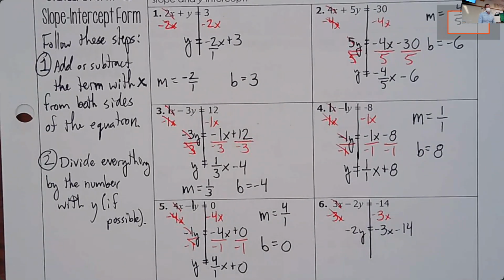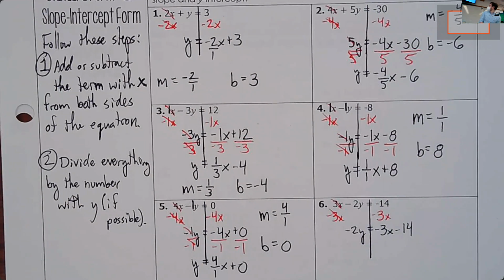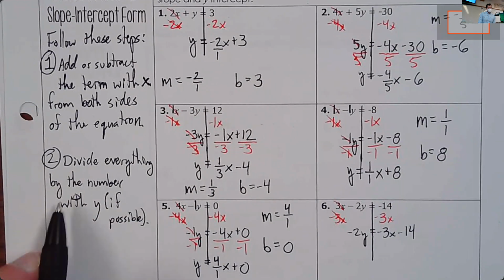Gwen, what do we have to do next? We've done step 1. Step 2 says to divide everything by the number with y. So what should we do here? What are we dividing by?